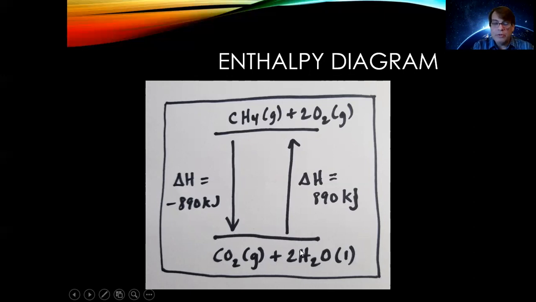But if you were to reverse it and go back to methane and oxygen, this is an exothermic reaction, and it would give off 890 kilojoules of energy. This box diagram with reactants and products, depending on which direction you're going in, is called an enthalpy diagram. And there you have it, enthalpies of reaction, or heats of reaction.